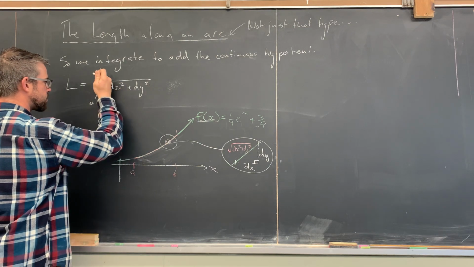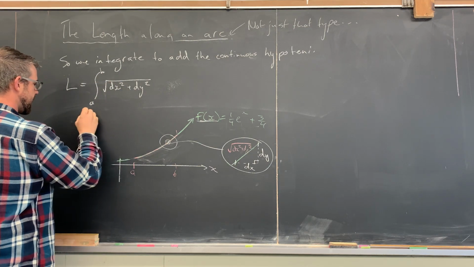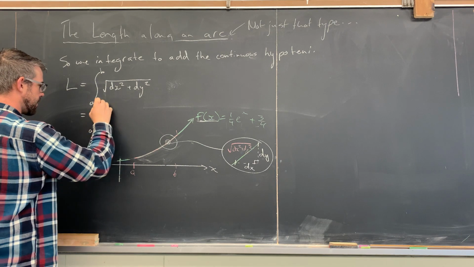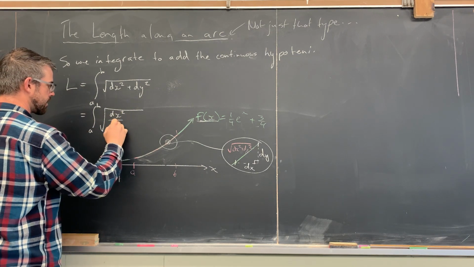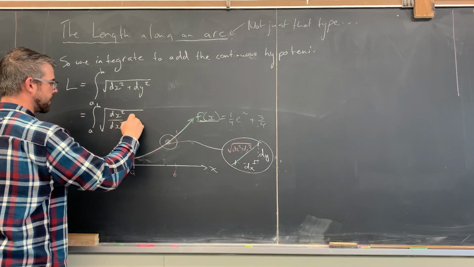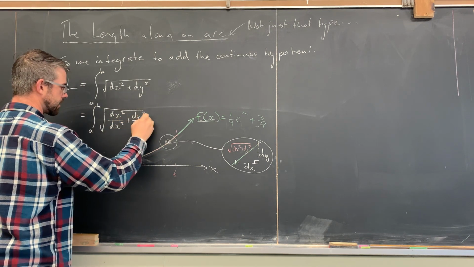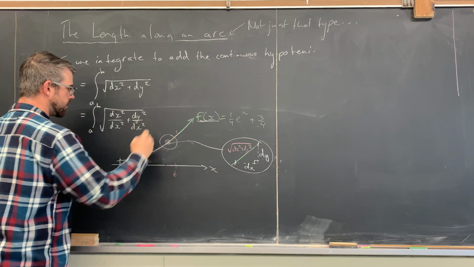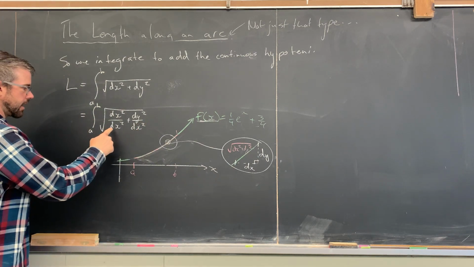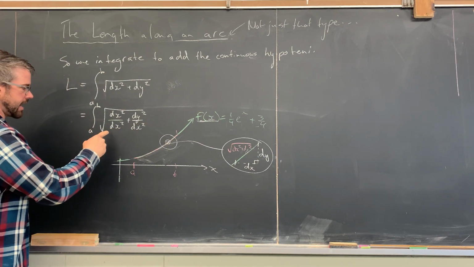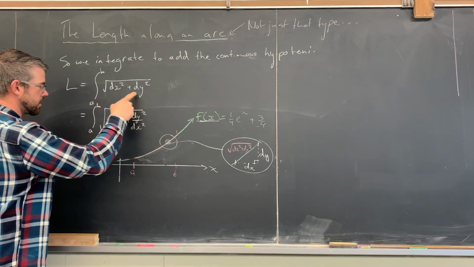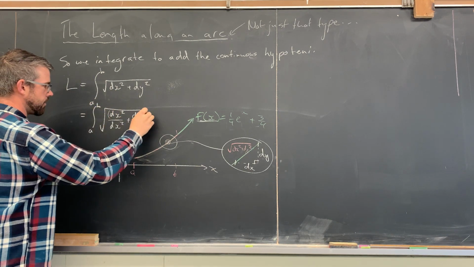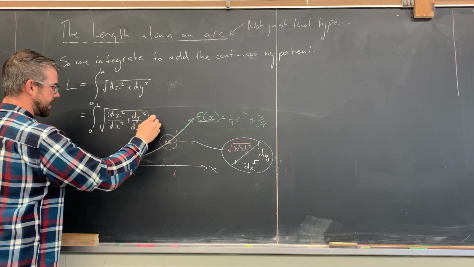And I think the best way to do it is, on my next step, kind of like when I'm proving my composite angle theorems for tangent, I'm going to divide through everything by dx squared. Now, of course, I've just divided denominators by dx squared, which means I also have to multiply the numerators by dx squared.